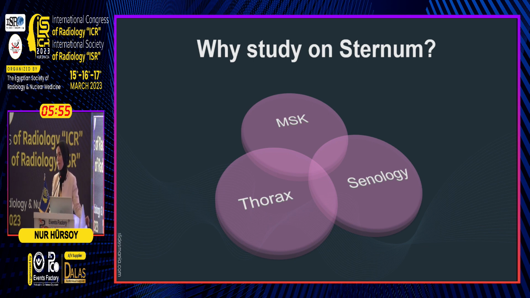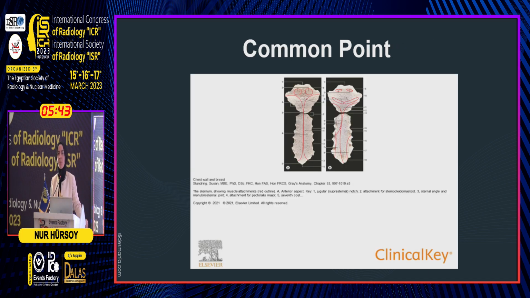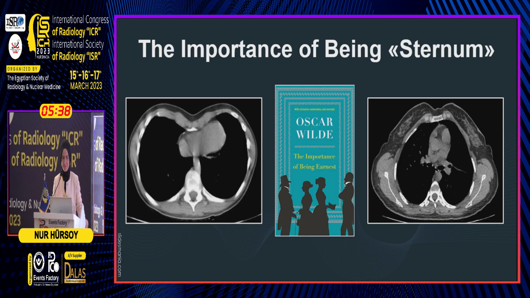Why did I choose this topic? It's an interesting topic for me because I am studying thoracic imaging, musculoskeletal imaging, and also breast imaging. And the common point of these three main areas is the sternum. Additionally, we all know that this small flat bone is associated with the thoracic shape.